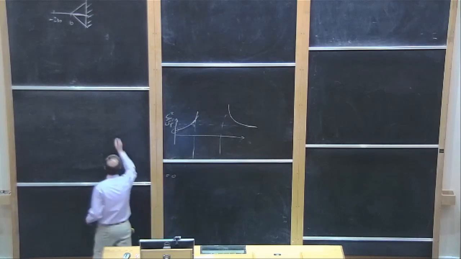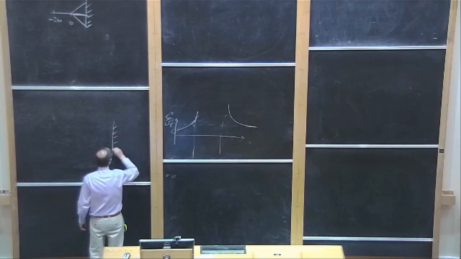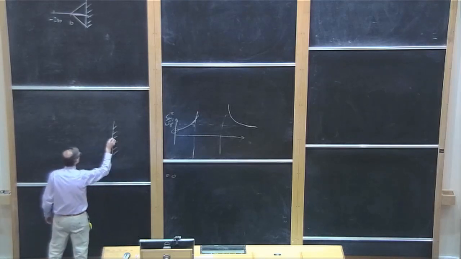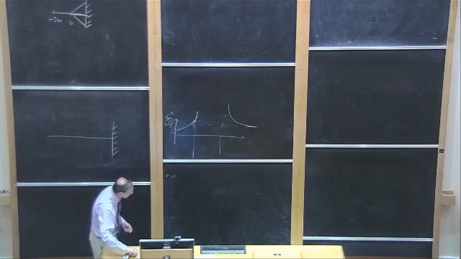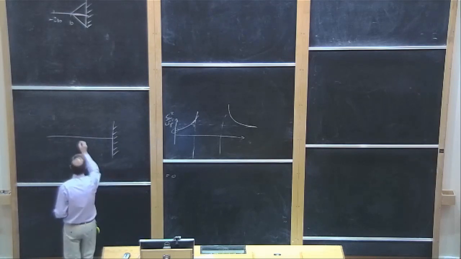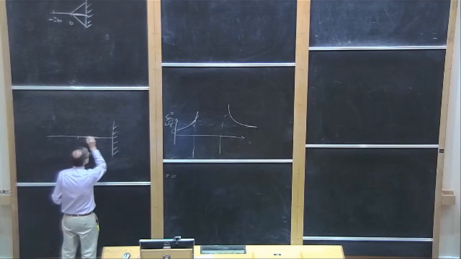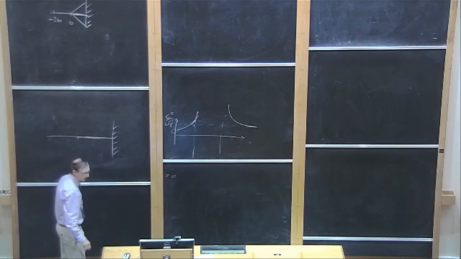So again, we have this fixed wall here, and a string, but it's not a uniform string. So this section here is lighter.